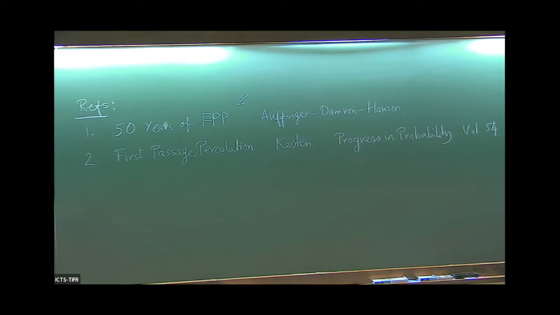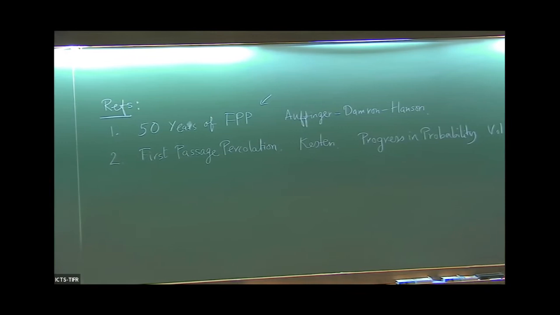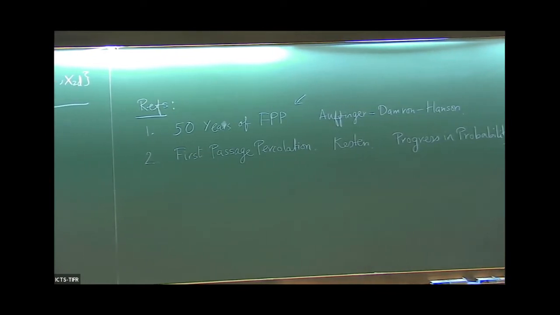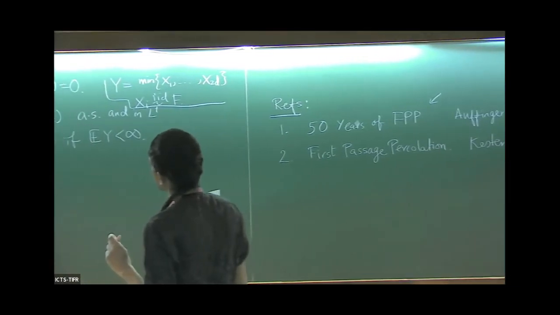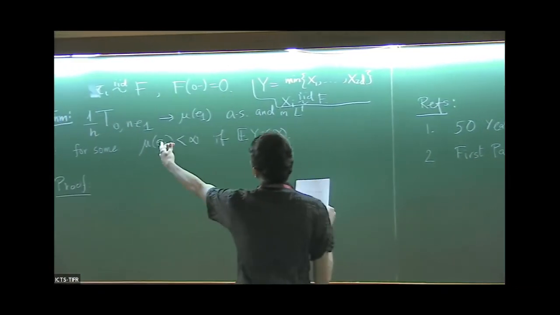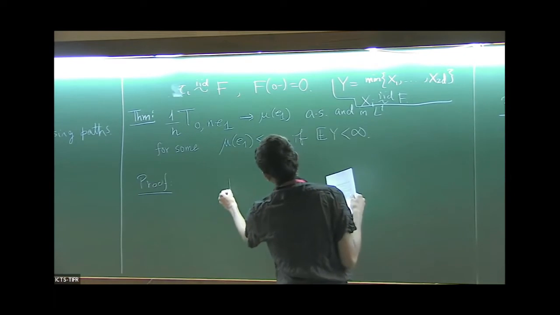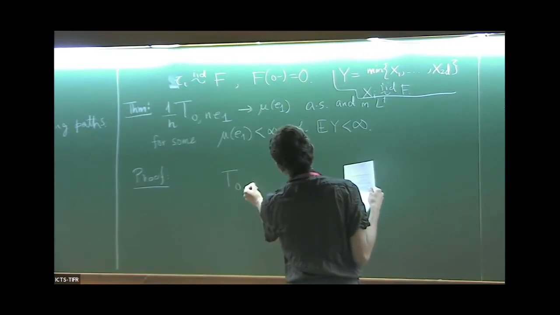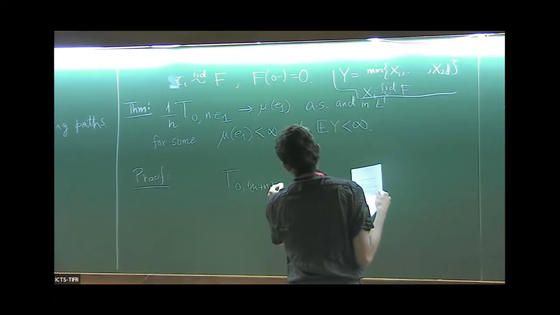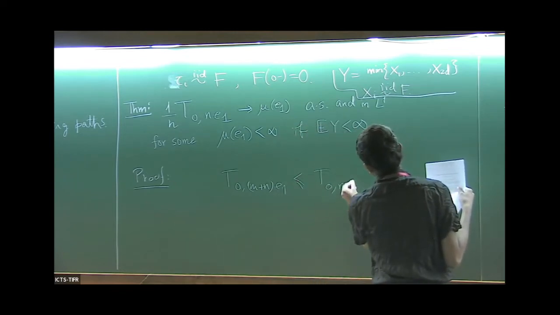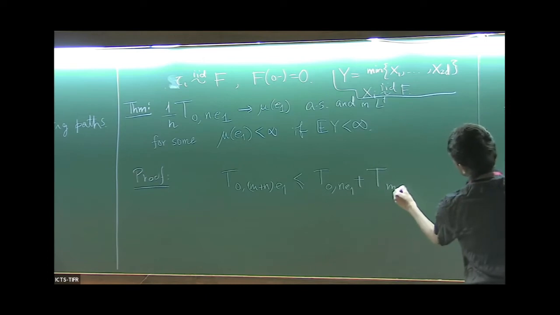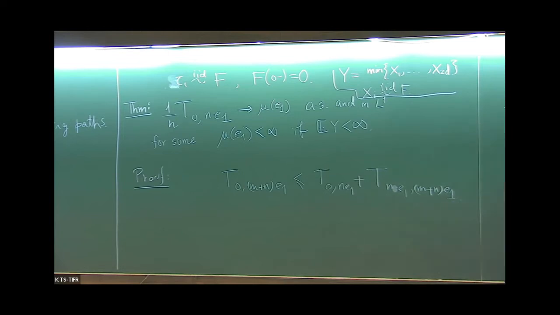Let's give a quick proof of this one. The basic observation is that the sequence is subadditive, in the sense that T(0, (m+n)e1) ≤ T(0, n e1) + T(n e1, (m+n)e1).